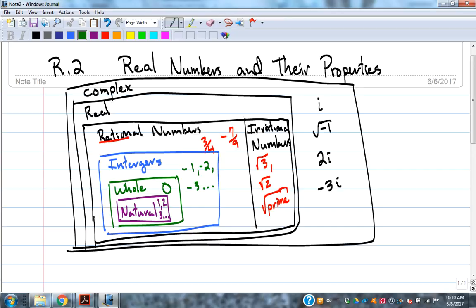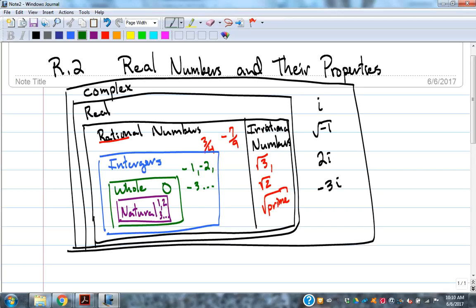The biggest box on the outside, the complex numbers, includes the most stuff. It includes all of the boxes that are inside of it. The real number box includes all of the boxes that are inside of it. So rational numbers are part of the real numbers. Integers are part of the rational numbers, but integers are also part of the real numbers. Whole numbers are part of the integers, but they're also part of the rationals. They're part of the reals. They're part of the complex.